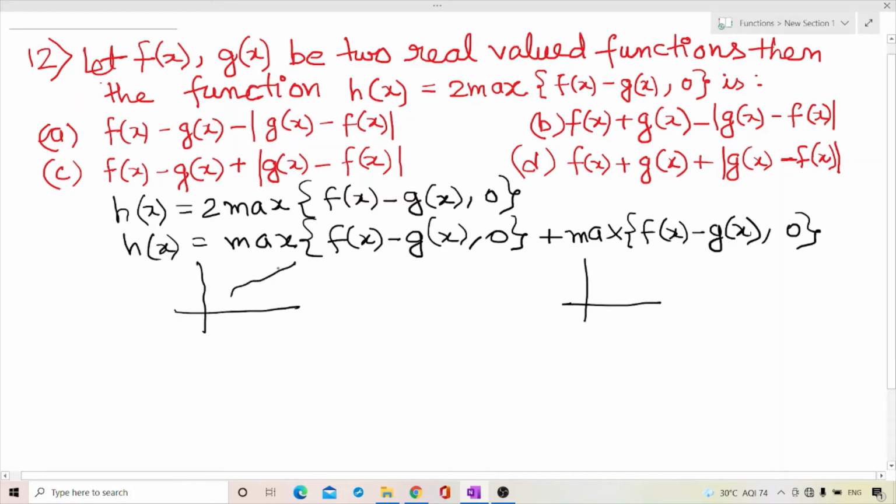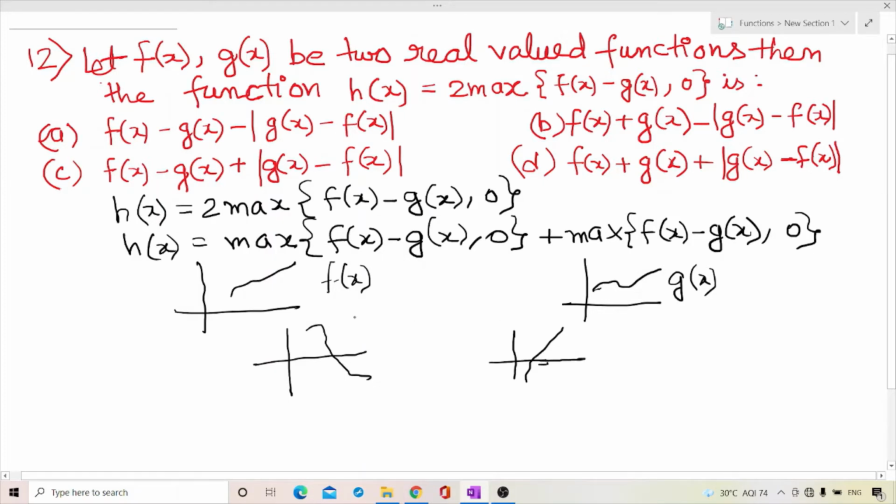So this can be an increasing graph, f(x), let us take, and g(x) can be a graph like this. So f(x) - g(x) will be like this, or it can be an increasing graph like this.